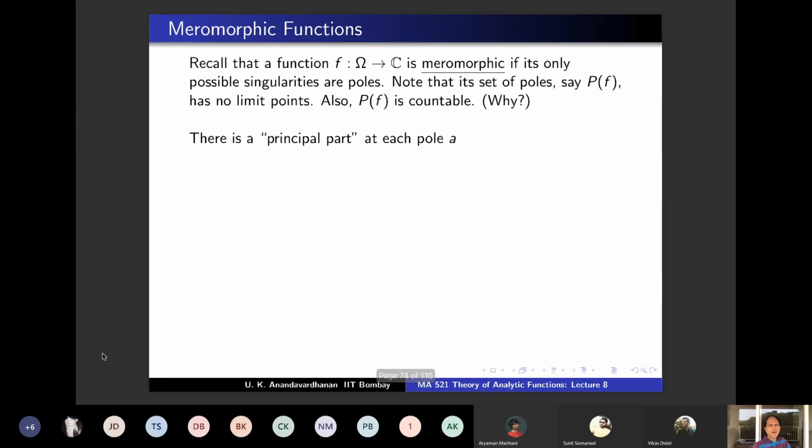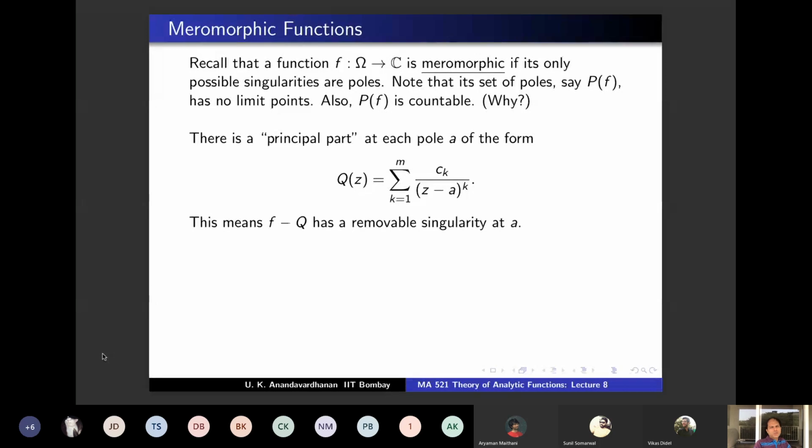So at each pole a, you have a rational function of this form, the sum from k equals 1 to m, a finite number m, of c_k by (z minus a) to the power k, such that f minus q, if you subtract this part out of f, has a removable singularity at a. In other words, it can be redefined so that it's holomorphic at a. This was the definition of pole.